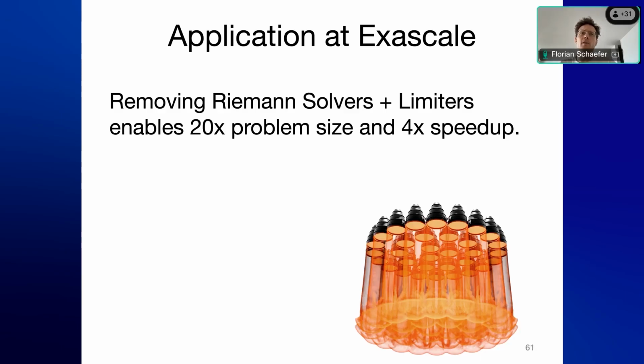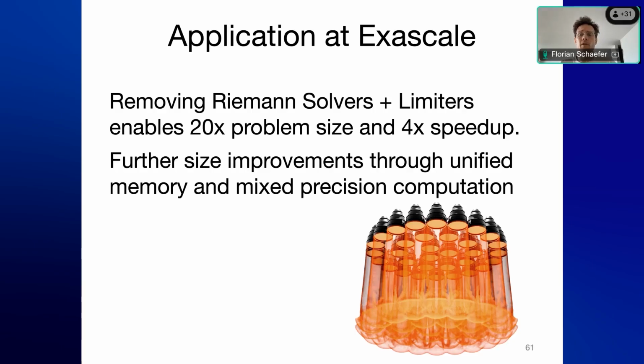And we observed that by ripping out all the computation for the Riemann solvers and limiters in the MFC code, we can get a 20 times increase in feasible problem size and a 4x speed up for the same problem size.